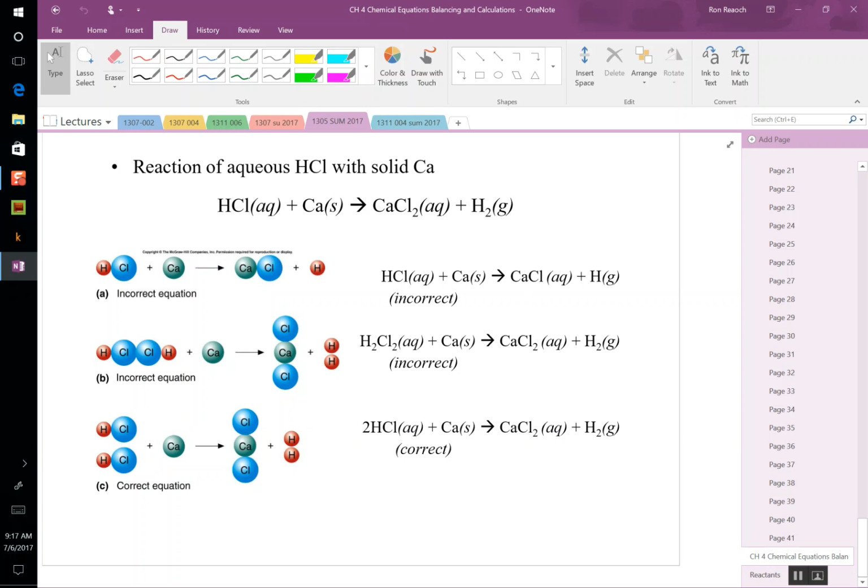Here's the correct form of hydrogen. Here's the correct formula. Let's see, that's an incorrect one too. Yeah, okay, so here is your 2 HCl's, 1 calcium, forming calcium chloride, CaCl2, and H2. So there's your correct equation, balanced correctly. What is HCl? It's this molecule, HCl.